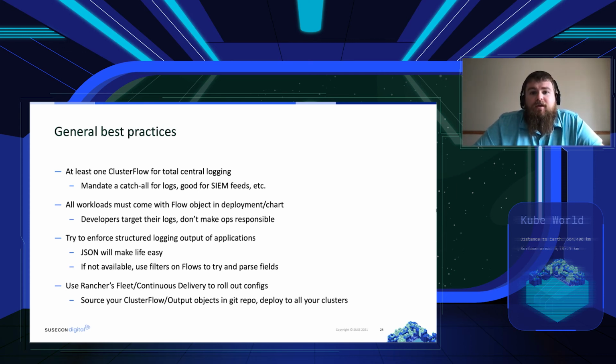Try to enforce structured logging output of applications if possible. JSON here is going to make your life much easier. As you saw in our filter example, we had a simple one-line filter, actually it was 4 lines, for doing JSON filtering of log entries. If your application is able to spit out those JSON log entries, your life will be easier because you won't have to come up with these unstructured logging parsers.